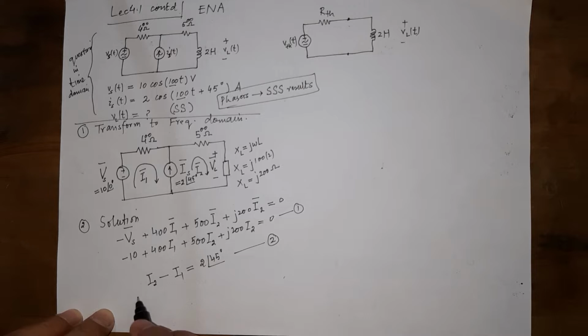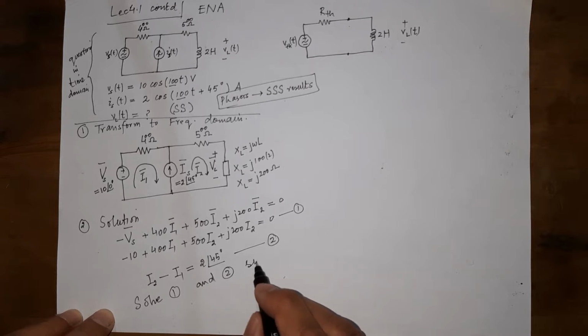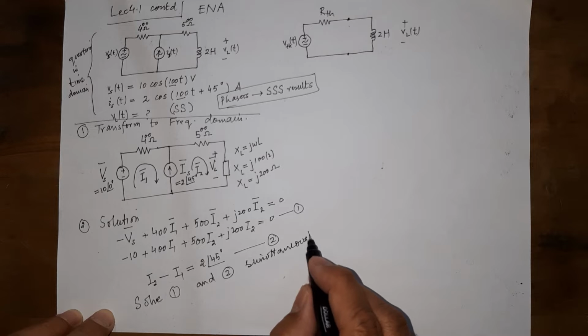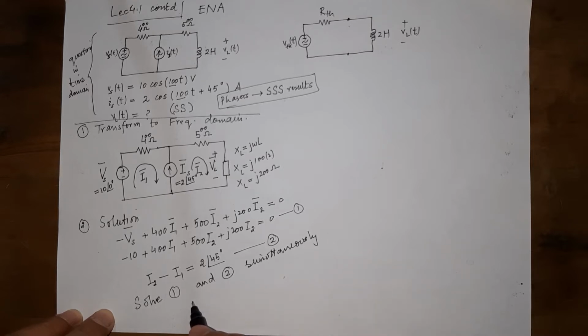Now if we solve these simultaneously, solve 1 and 2 simultaneously, we are going to get the values for I1. You can solve this and find that, and I2.